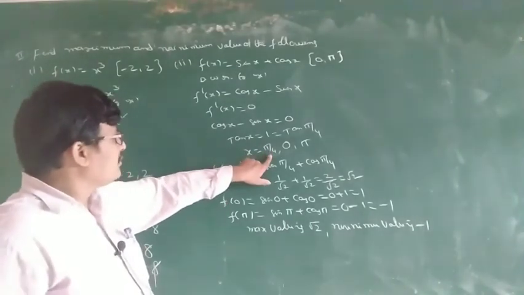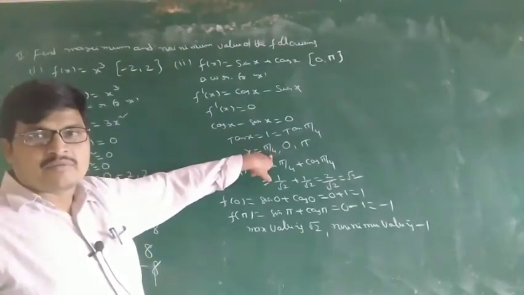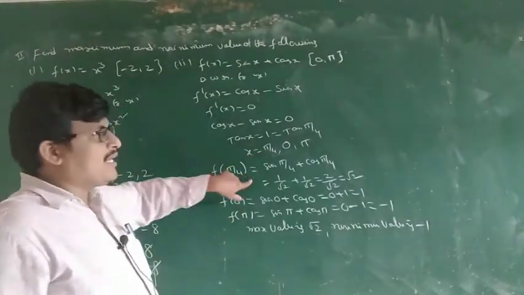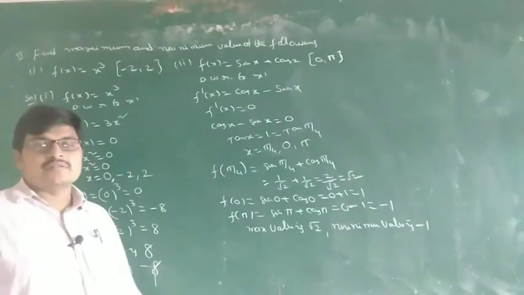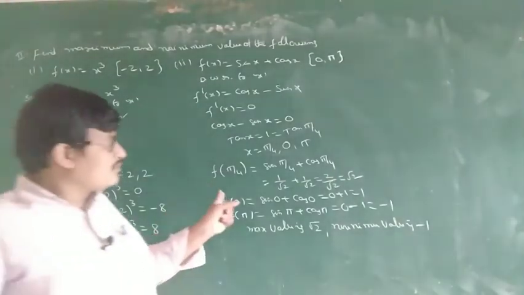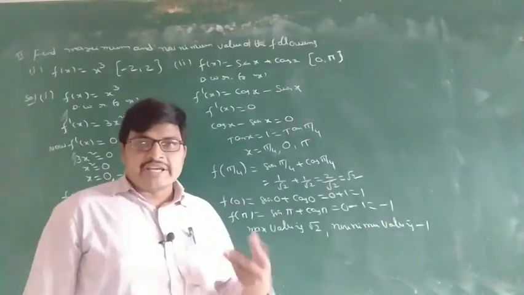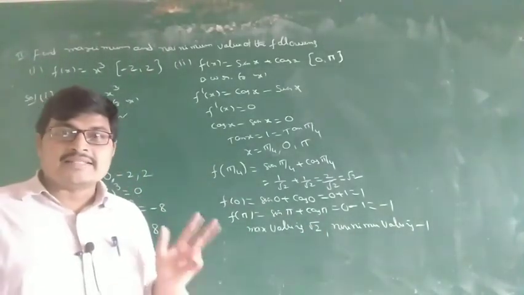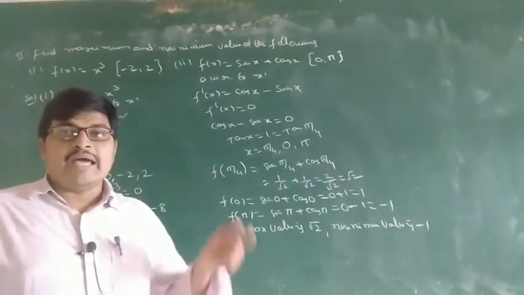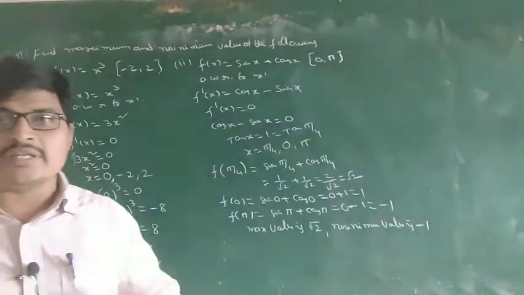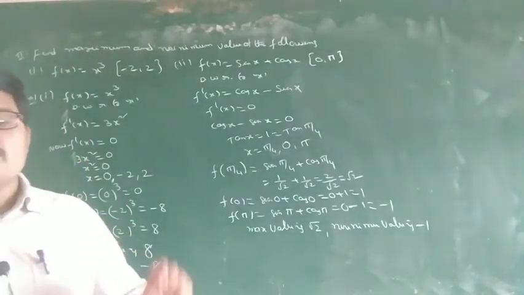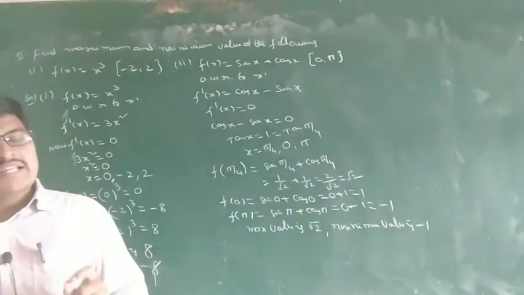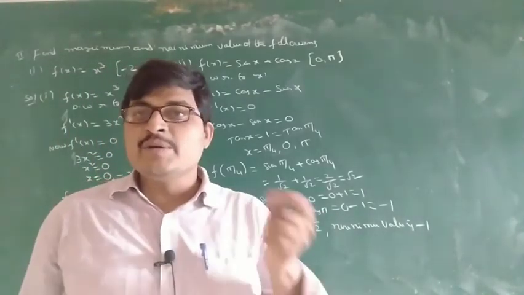Substitute the x values in f double dash of x. If we get a negative value, less than 0, that means the function has a maximum value. If f double dash of c is greater than 0, the function has a minimum value.